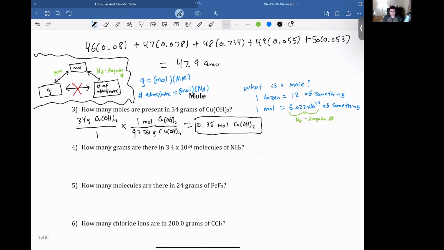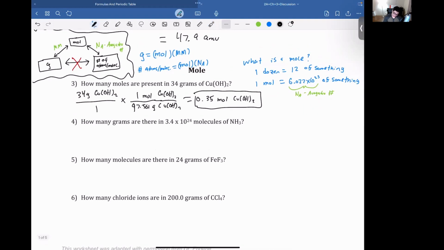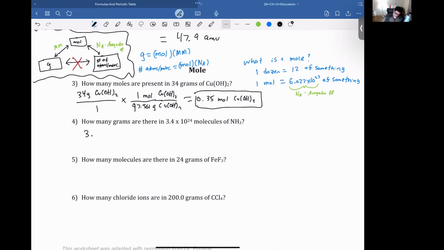So the plan of attack is going to be go from number of molecules to the number of moles, then to the number of grams. So number of molecules, 3.4 times 10 to the 24 molecules of NH3 all over 1. And then we're going to use Avogadro's number to convert between the two.